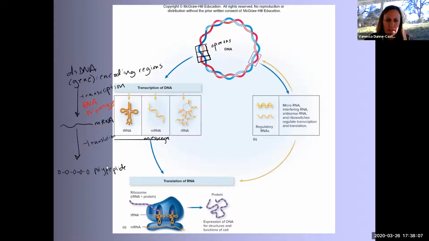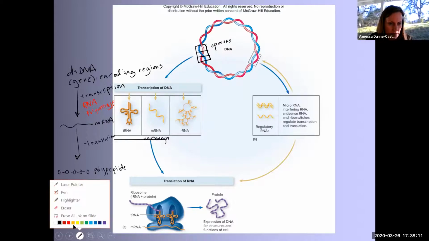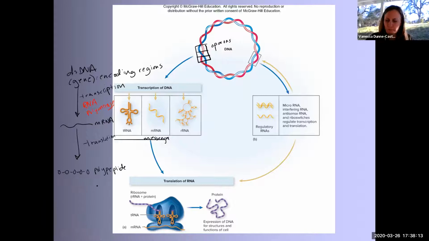Polypeptide product. And the polypeptide is, as you guys are hopefully aware, the primary and secondary arrangement of a protein. This can be further modified through something called post-translational modifications to form the protein or enzyme final product.